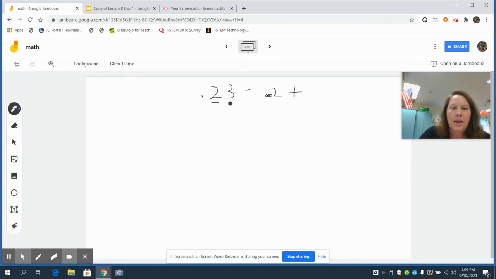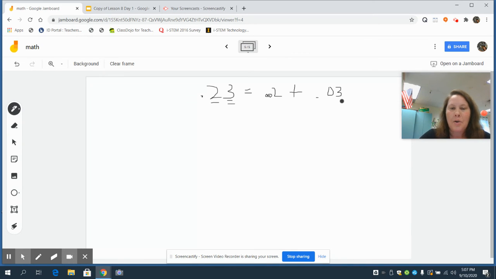And then I look at my second digit, that is a 3, and it is in the hundredths place. So I'm going to say 2 tenths plus 3 hundredths, 0.03. So 23 hundredths is equal to 2 tenths and 3 hundredths.